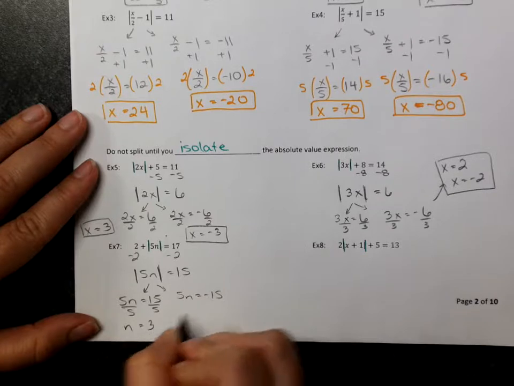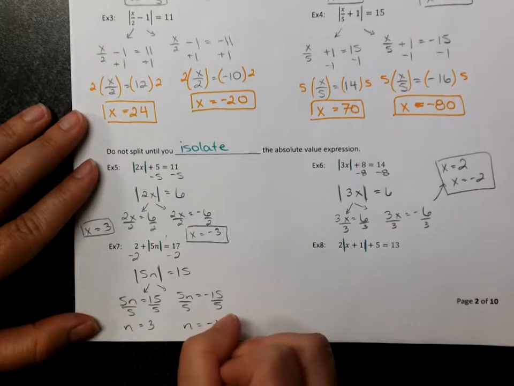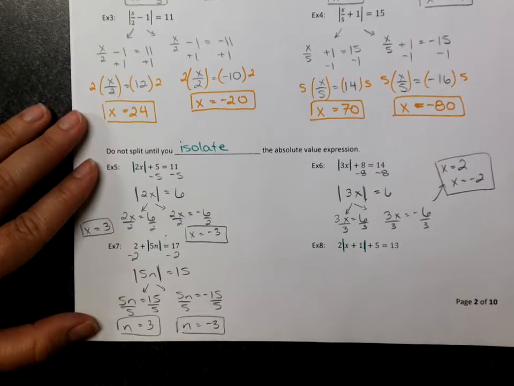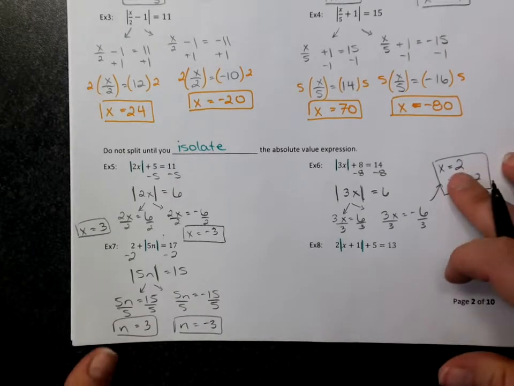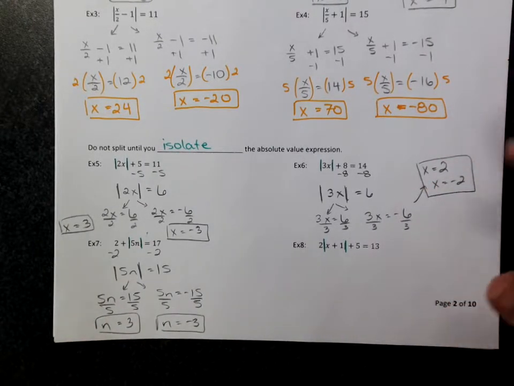N equals positive 3, or n equals negative 3. So most of the time you'll get 2 answers. Again, not always related to each other, just 2 answers that make the equation true.